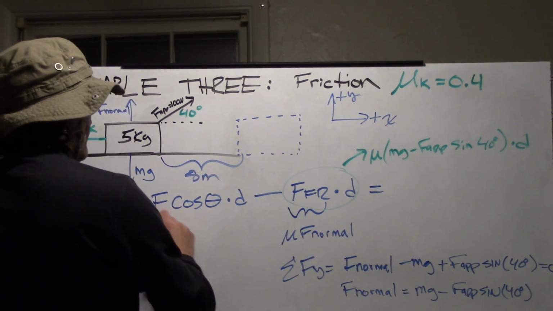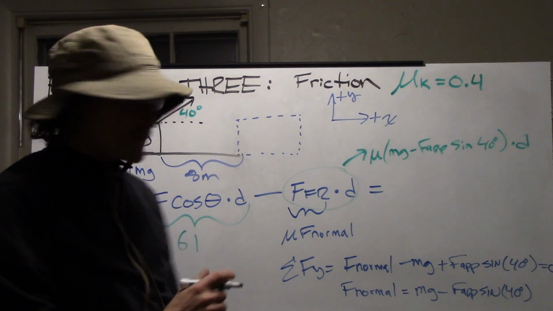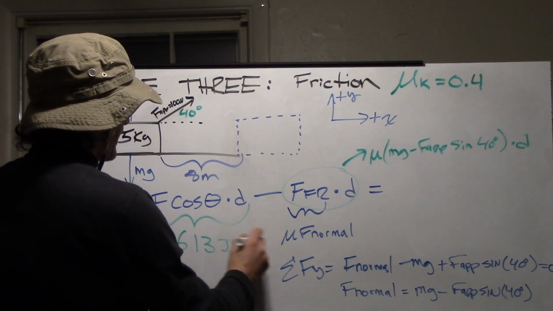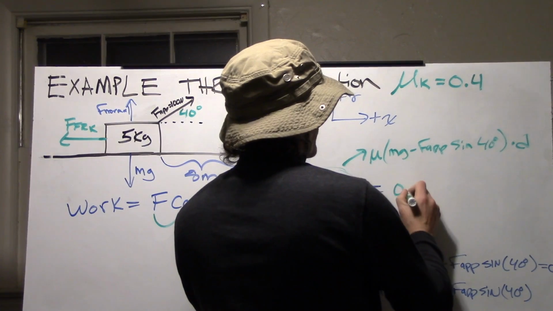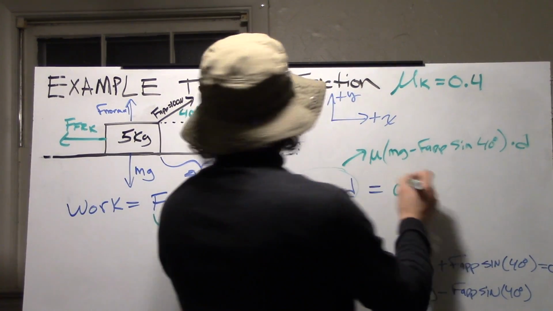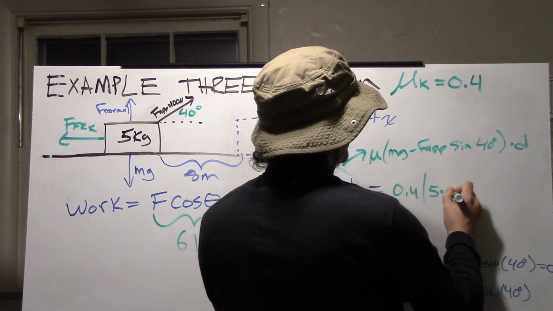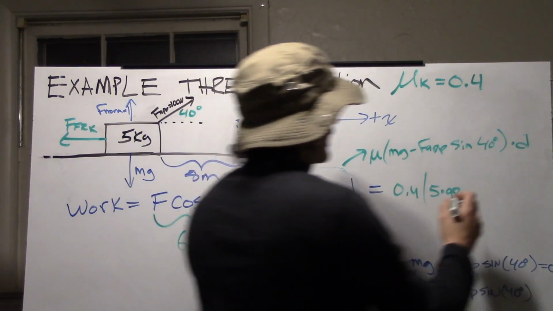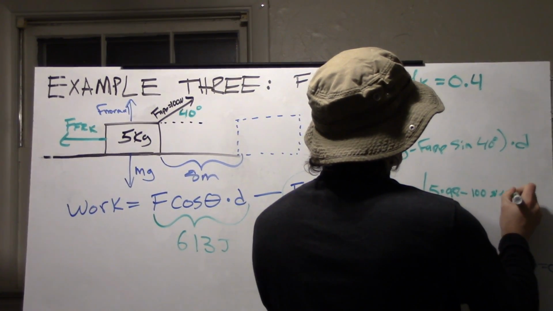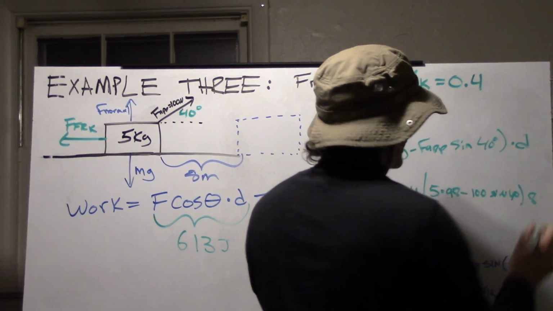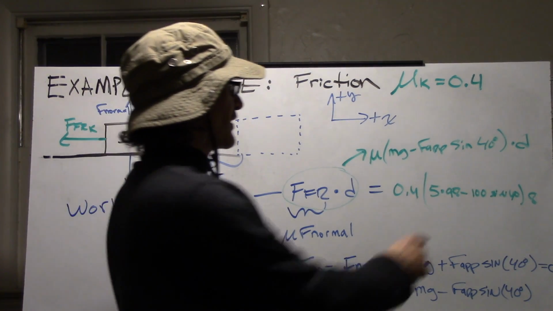We might remember from before, number 2, this is 613 joules. Okay, let's find out what this is. We have 0.4 in parentheses. Now we got m, which is 5, times 9.8 minus force applied, 100 sine 40 degrees, and all that is times 8. The only part I'm a little concerned about calculating is this part here.